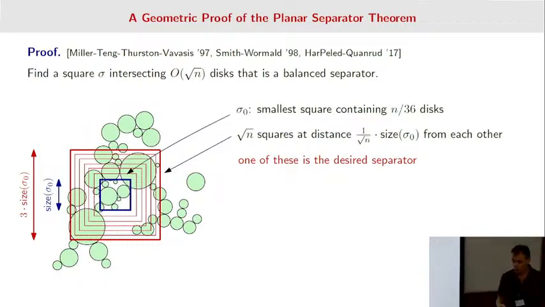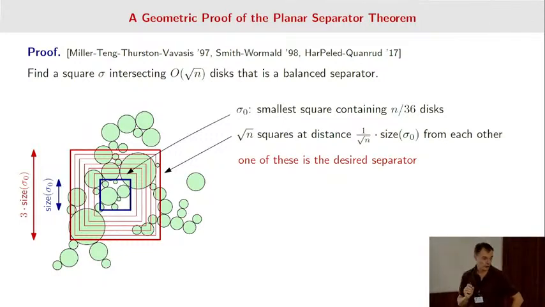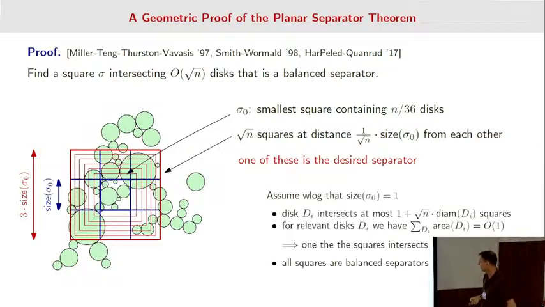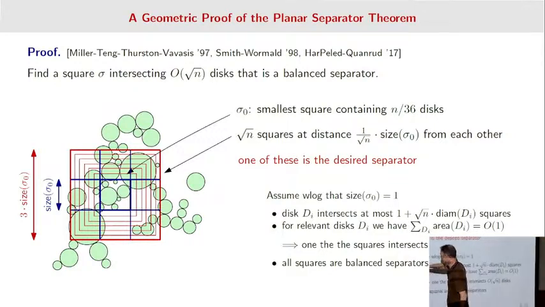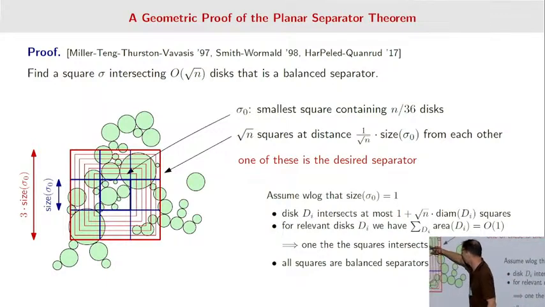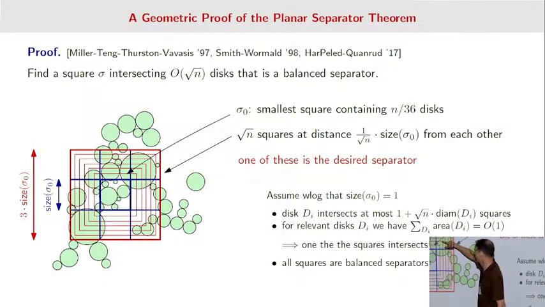And I claim that one of these squares is a good separator. So let's see. First of all, if you think about it, it's kind of natural that this should work.